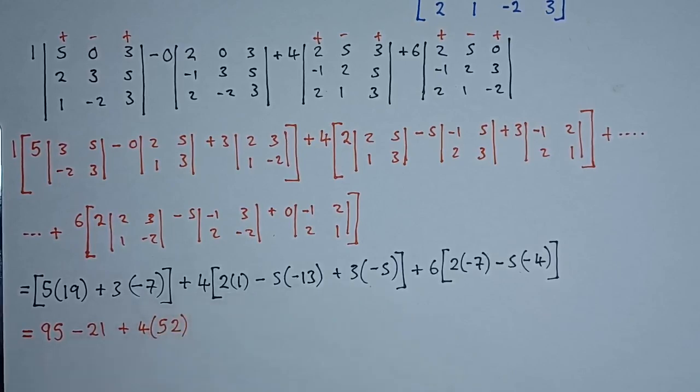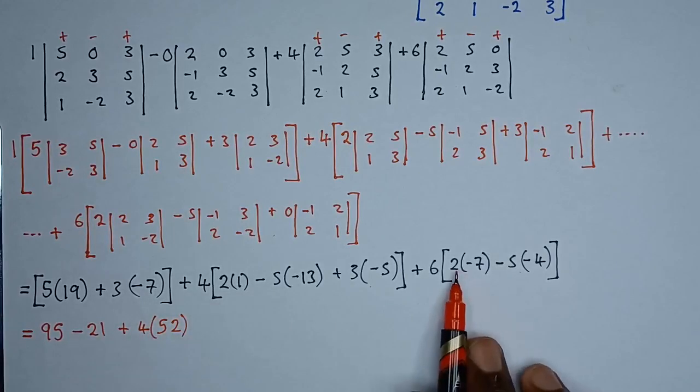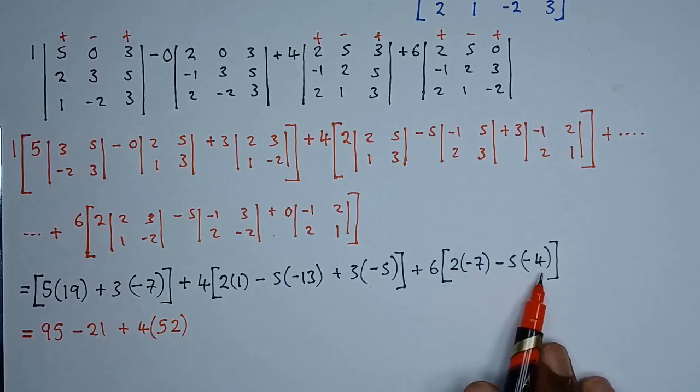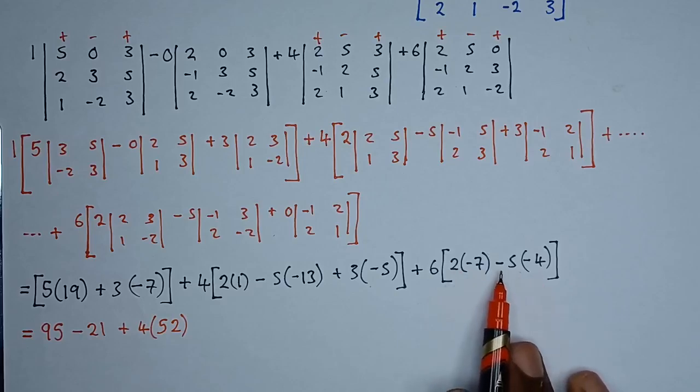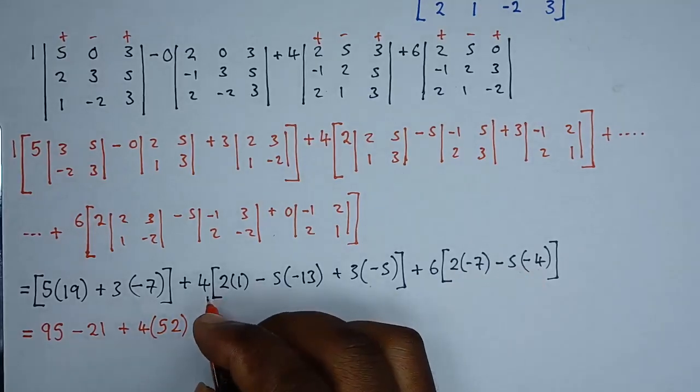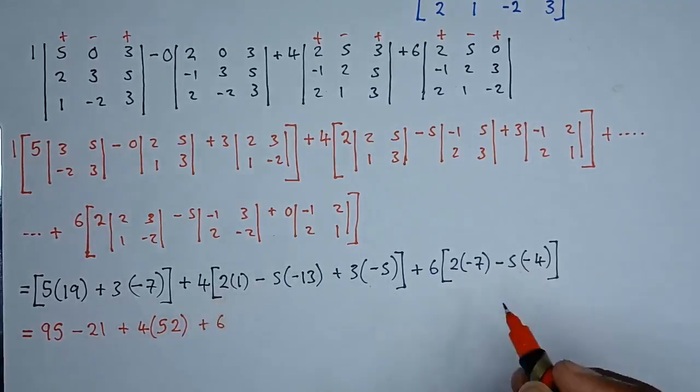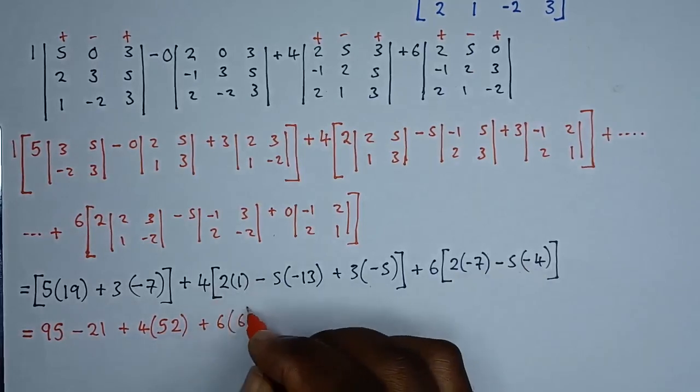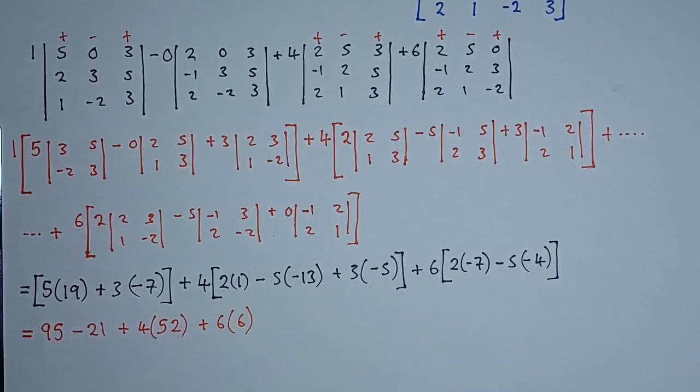Like that. Then lastly, this is negative 14 minus 20 minus positive, or rather plus positive 20, negative. Hence, everything from there will just give us a 6 inside the bracket. Like that. Okay.